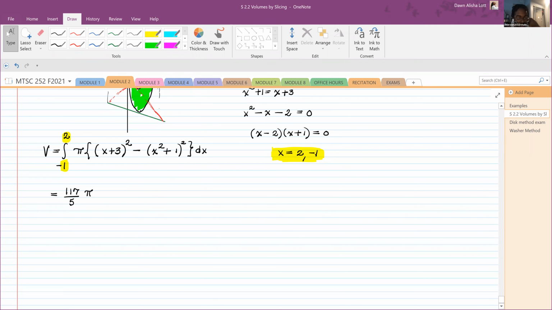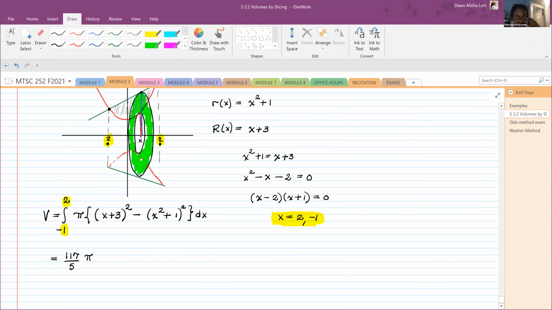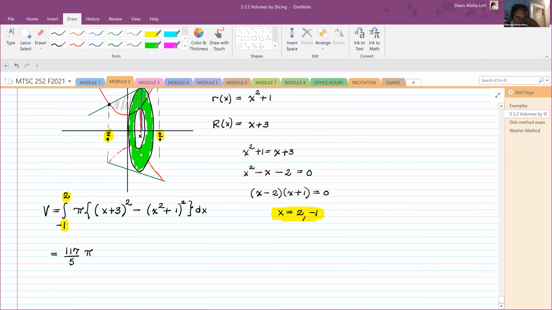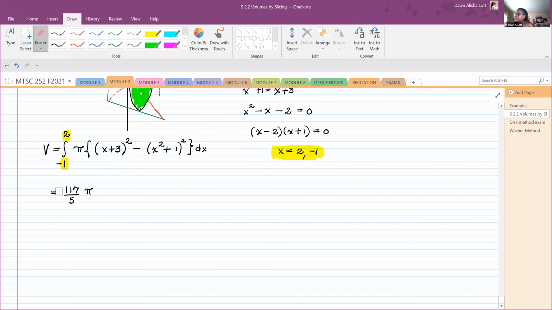Can you go over how you got 117 over 5 pi, please? I can. Okay. So I have pi times the integral from -1 to 2. Inside here, I get x squared plus 6x plus 9. That's this piece: x plus 3 squared became x squared plus 6x plus 9.